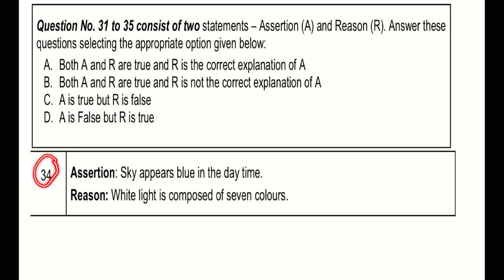The 34th question is of physics. In this, you have the assertion, which is a statement saying that the sky appears blue in the daytime. Yes, the sky does appear blue in daytime. The reason given for that statement is that white light is composed of 7 colors.